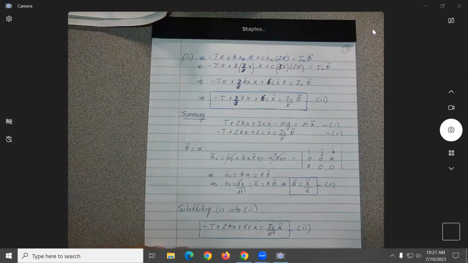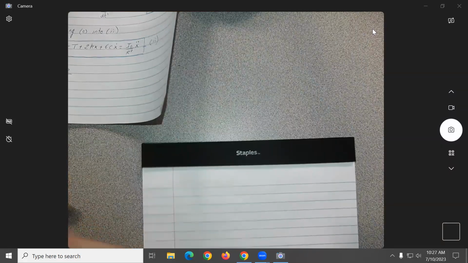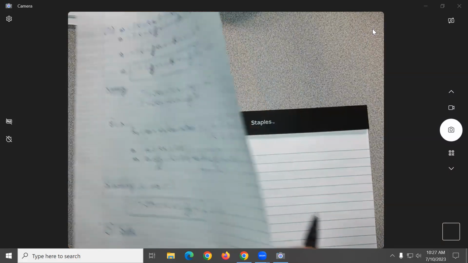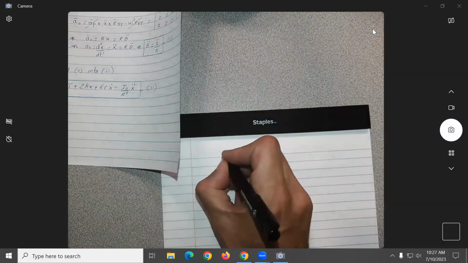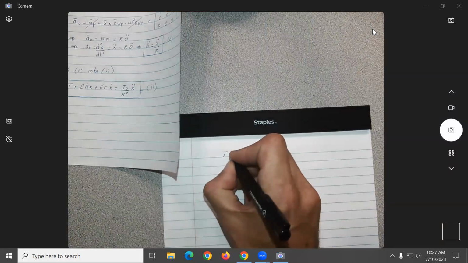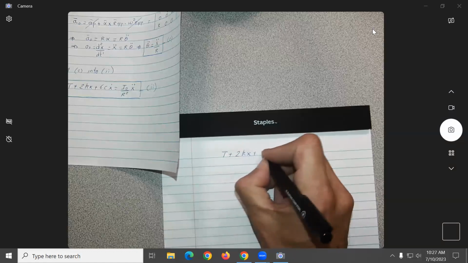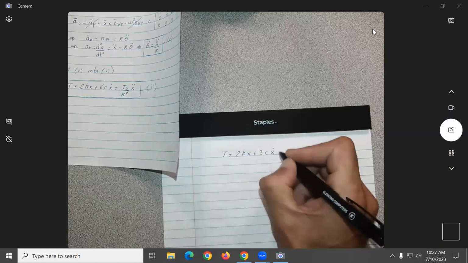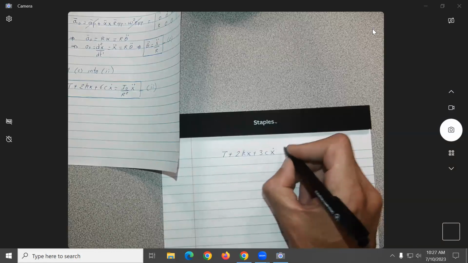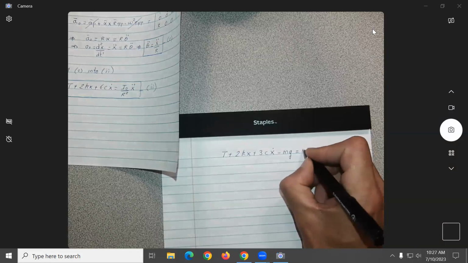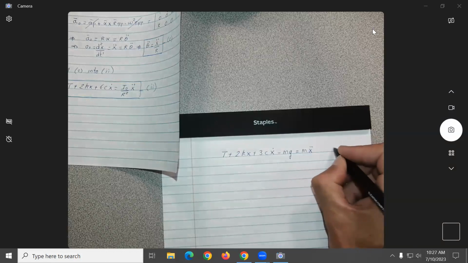So here we go. Let me just rewrite the two equations now. We have the first equation, which is T plus 2kx plus 3cx dot minus mg equal to m x double dot.